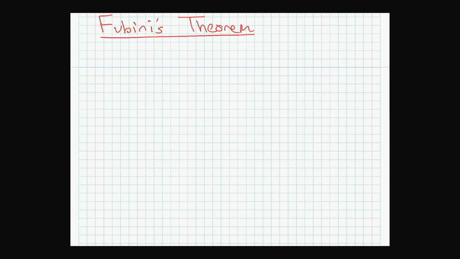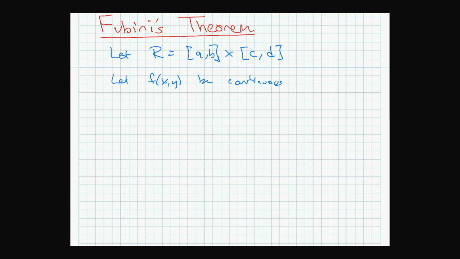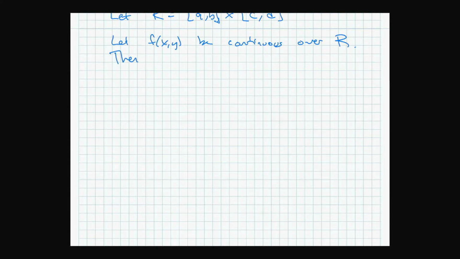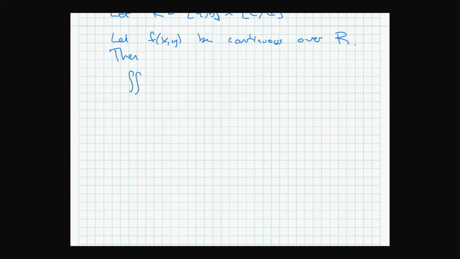All right, so here's Fubini's theorem. Let R equal [a, b] × [c, d], a rectangular region, and let f of x, y be continuous over R. Then here's the punchline.